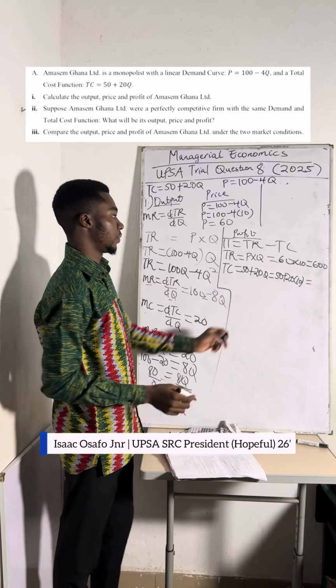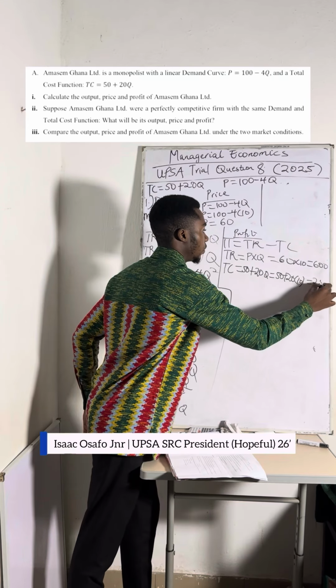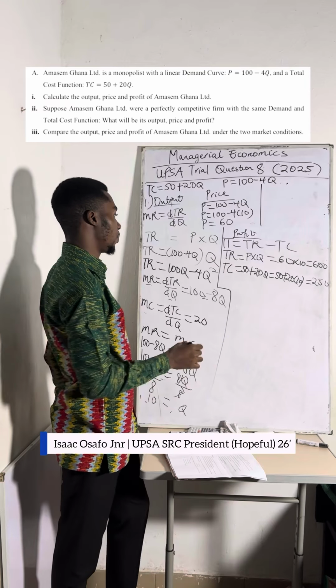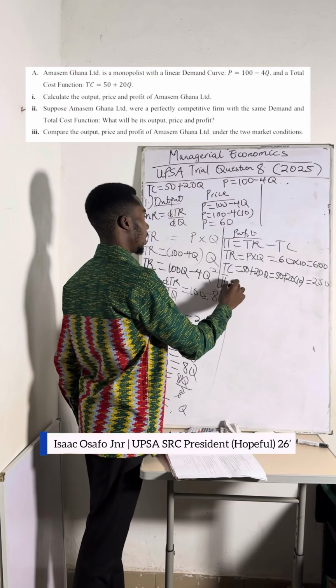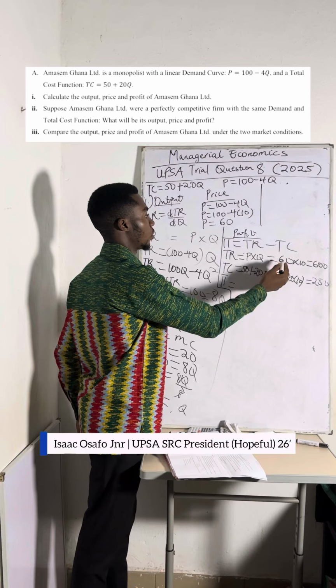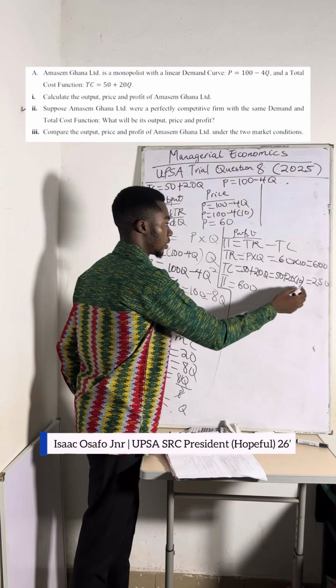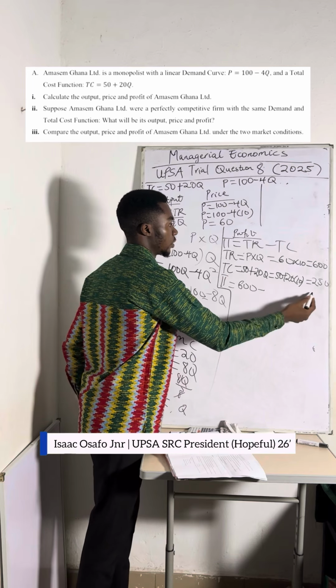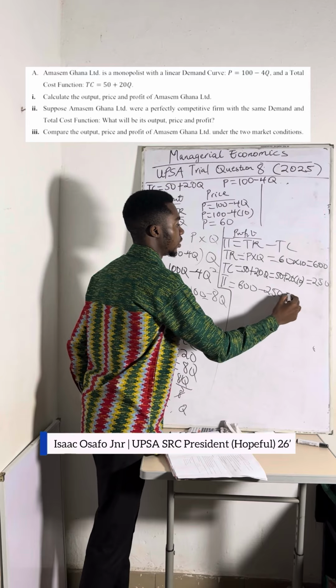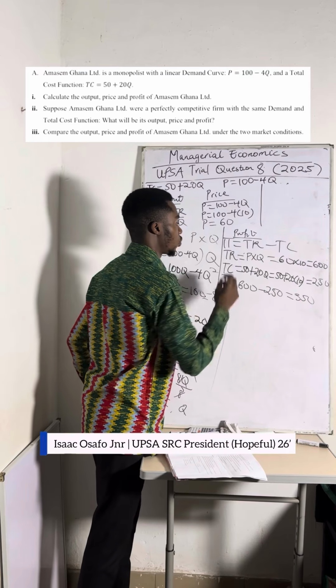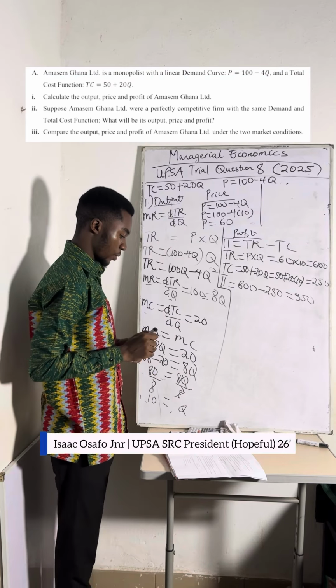So 200 plus 50 should give us 250. So now we can find our profit. Like I said, profit is total revenue minus total cost. Total revenue is 600, minus the total cost, which is 250. That should give us 350. So our profit is 350, right?